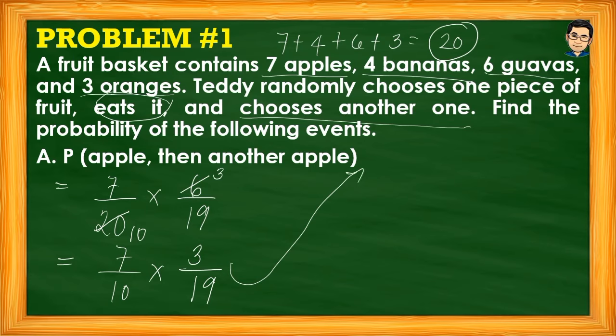So, 7 times 3 is 21. 10 times 19 is 190. So, we can no longer simplify 21 over 190, since they have no other common factor aside from 1. So, the probability of choosing an apple then another apple is 21 over 190.